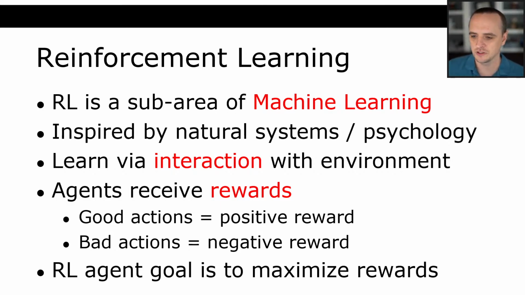The reinforcement learning agent's goal is to maximize the good rewards, okay? So over time, it's going to learn which type of actions gave it good rewards, and ideally, over time, it's going to select those actions more and more often. So that is the concept of reinforcement learning at the highest possible level.